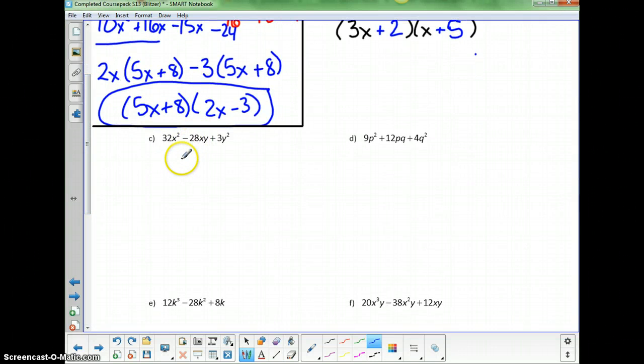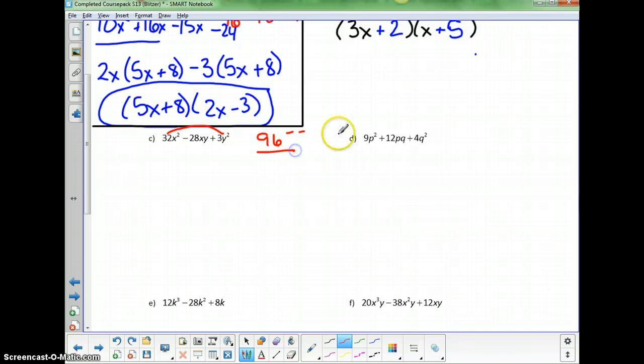Okay, let's see. In this next one, because the first number 32 has so many different ways to make it, why don't we go ahead and use the grouping method. So I'm going to start with 3 times 32 is 96. It's going to be a positive 96, so two of the same sign. They both need to be negative.